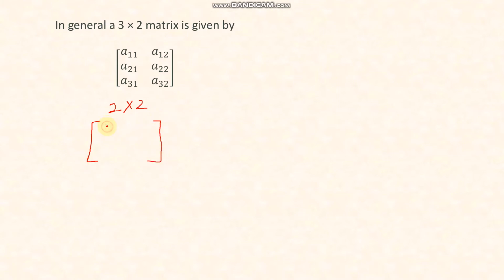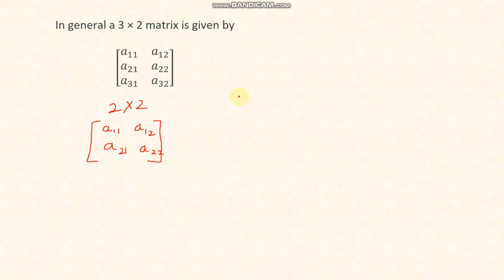So we'll write it as a11, a12, a21, because second row and first column, and a22, second row and second column.